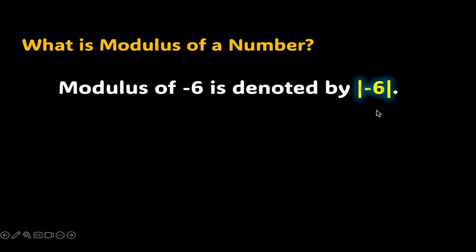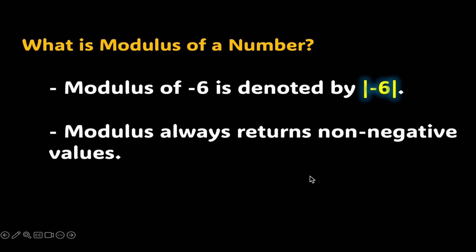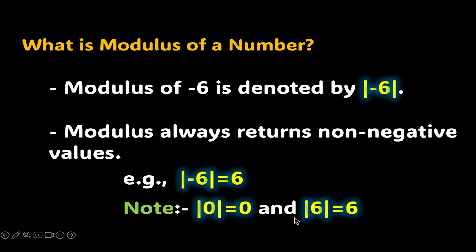Secondly, and most importantly, modulus always returns a non-negative value of the same magnitude. Thus, the modulus of -6 cannot be -6 but rather of the opposite sign, so it will be +6 or simply 6. Note that the modulus of 0 is 0 itself, since 0 is non-negative, and the modulus of positive 6 will be 6.